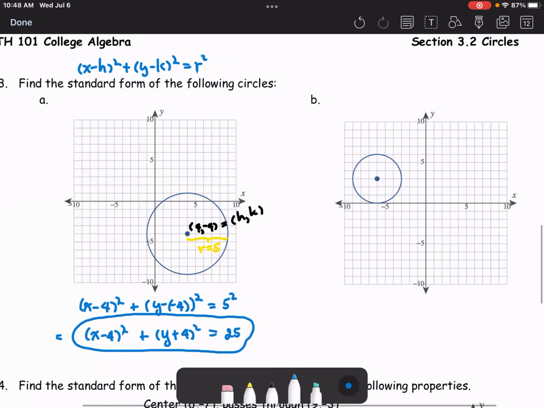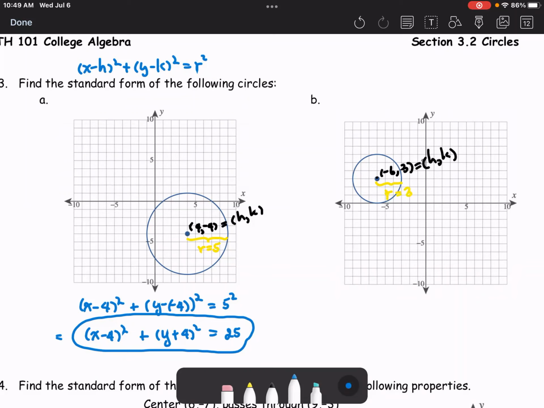For part B, the graph, as we see, the H, K, or the center, is at the point negative 6, 3. So this is the H coordinate, K coordinate, or the ordered pair H, K for the center, and then the radius R equals 3.